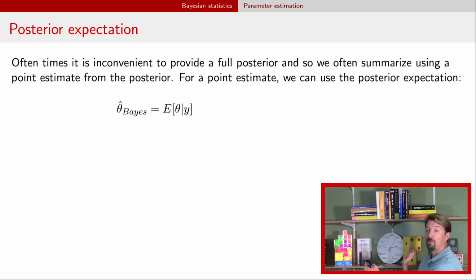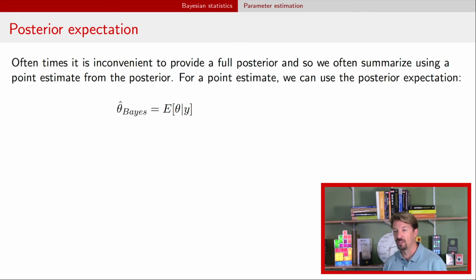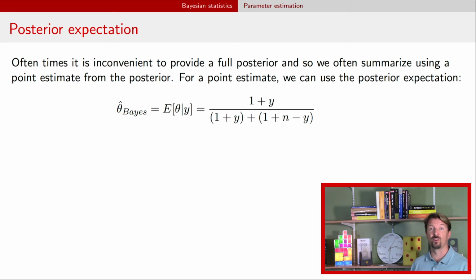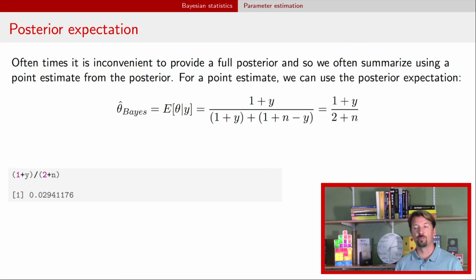If you're watching this from somewhere else, I realize that Bayes estimators are more complex than that, and they involve a utility. But for simplicity, for these videos, we're going to call that posterior expectation the Bayes estimator. For a beta distribution, that's going to be (1 plus y) divided by this quantity, but there's some simplification you can do, so you have (1 plus y) divided by (2 plus n). In the context of this particular example, we find that that Bayes estimator is actually close to 0.03.